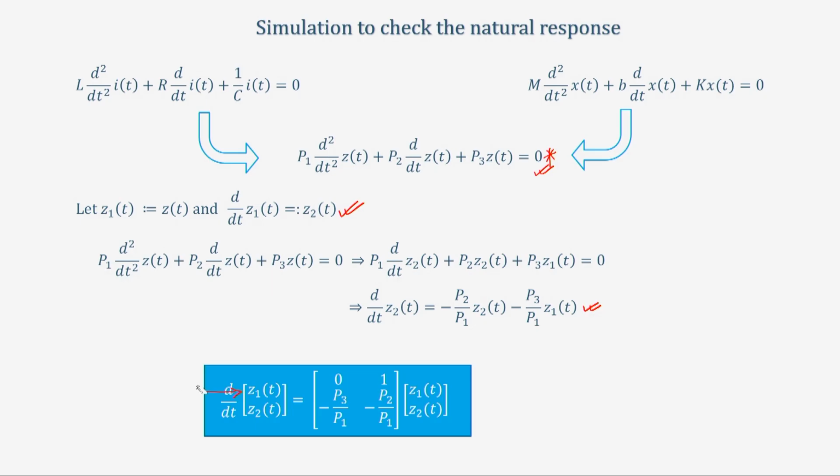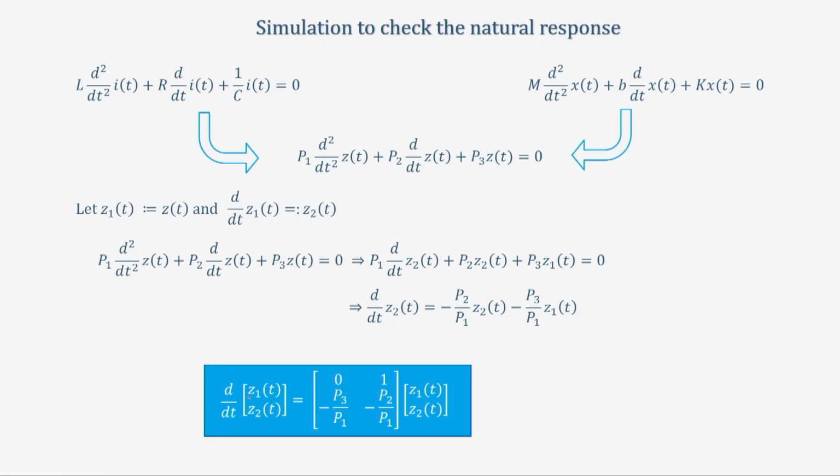The first line is Z1 dot equals 0 times Z1 plus 1 times Z2, so Z1 dot is Z2. The second line is Z2 dot equals minus P3 by P1 Z1 minus P2 by P1 Z2. I have written both the equations.